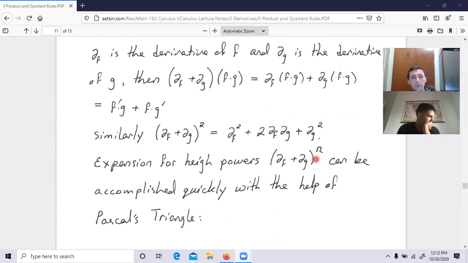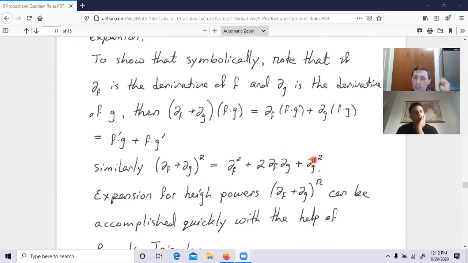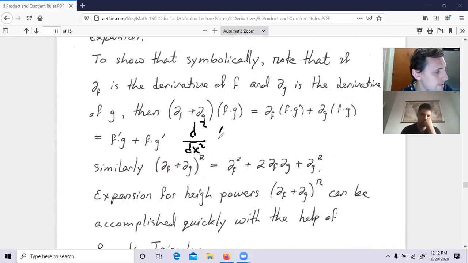Okay, before I continue, can you very quickly calculate the second derivative of x squared e to the x? I want you to calculate not one derivative, but actually 2.